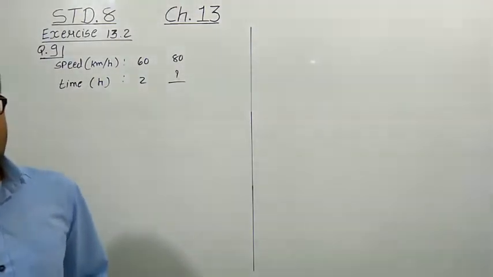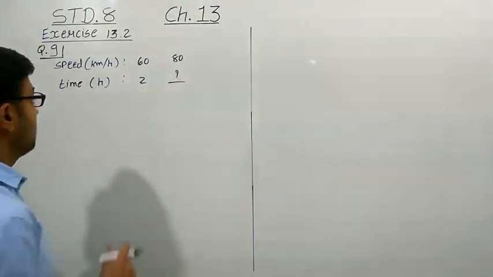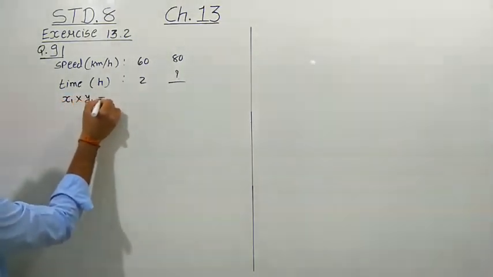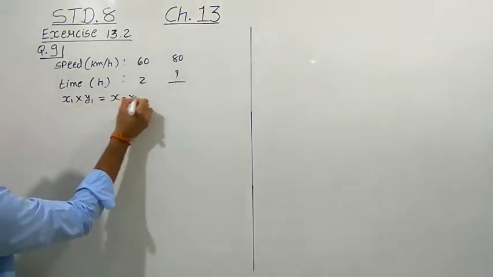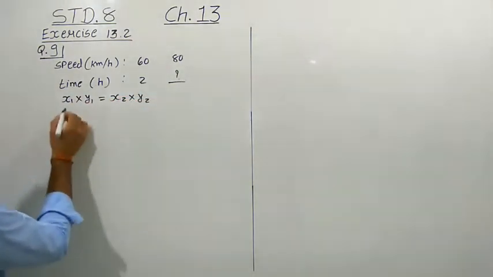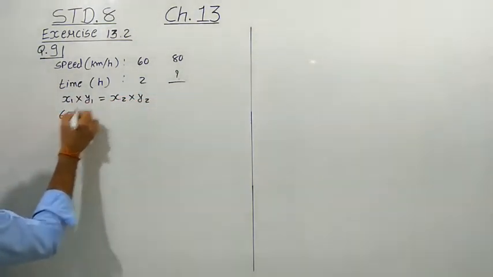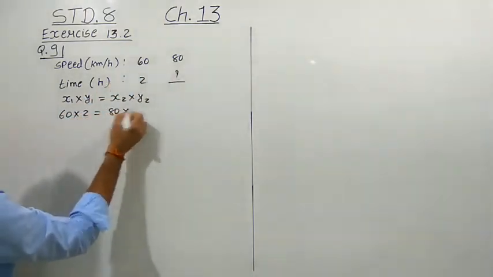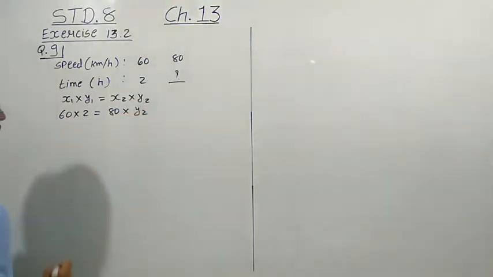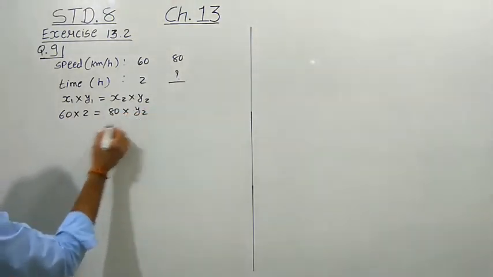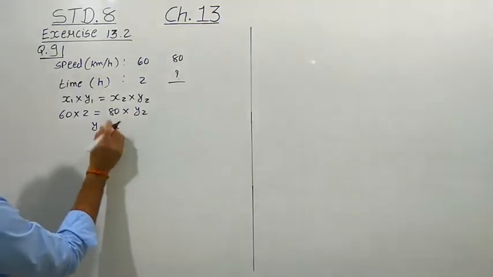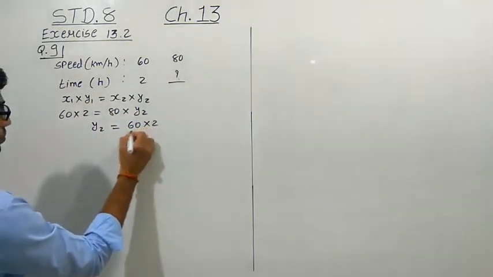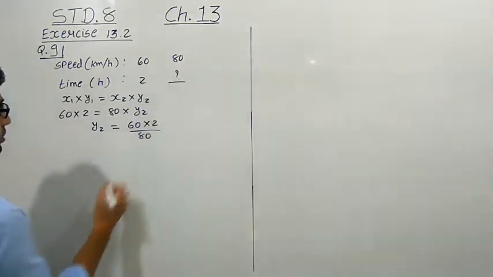The two quantities here are in inverse proportion, obviously. So we can use the formula x1 into y1 is equal to x2 into y2. x1 is 60, y1 is 2, x2 is 80, and y2 we have to find out. So from here, make y2 the subject, take this 80 to the left hand side, again 60 into 2 upon 80.